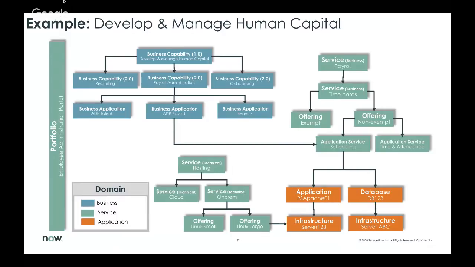And then we've got recruiting, payroll administration, and onboarding as the leaf node capabilities that sit underneath that. And you can have between 1 and 6 different capabilities in this hierarchy model. And of course, 1 is the parent and 2 through 6 will be your leaf nodes.